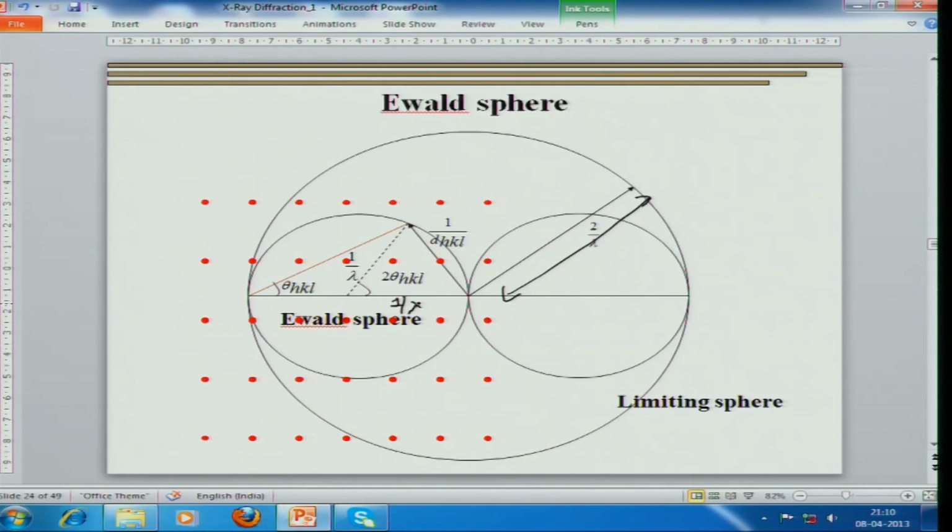Diffraction, as already mentioned, occurs at a particular point when the sphere, or the circle as shown in this figure, and any one of the reciprocal lattice points, which are shown over here, interact. So, you see that for this particular point, as well as a point like this, lying on the Ewald sphere, diffraction occurs.